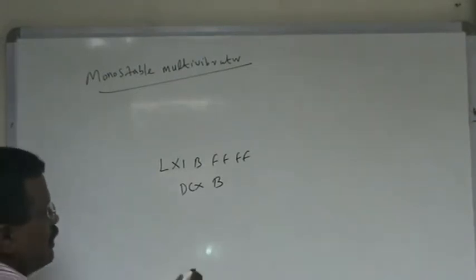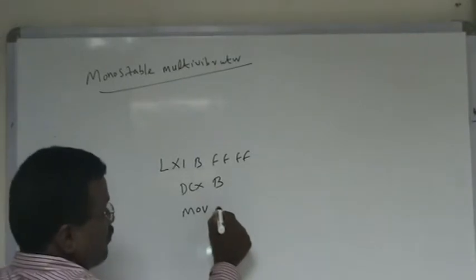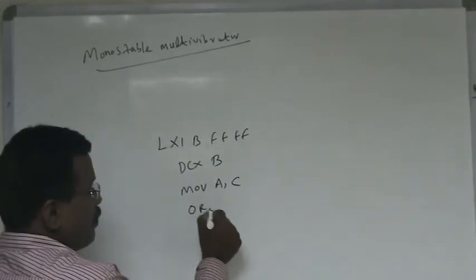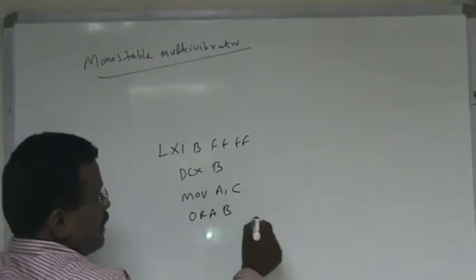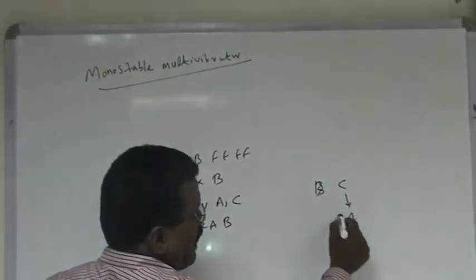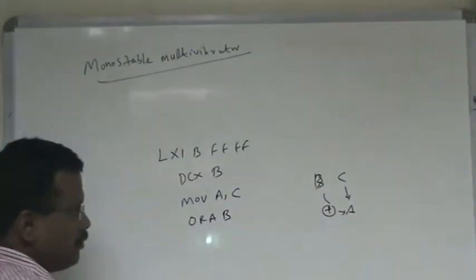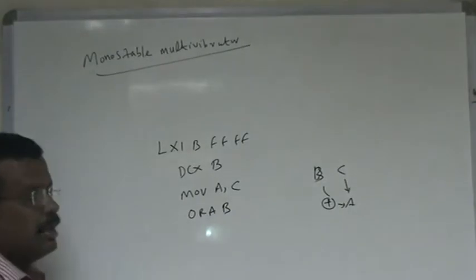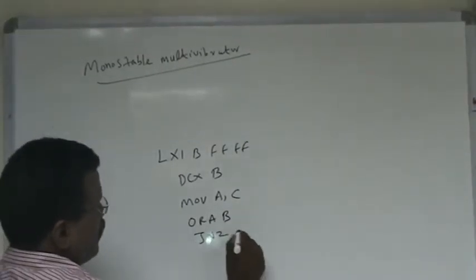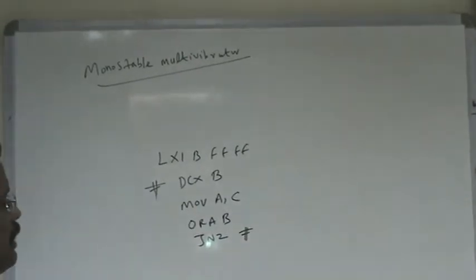Because of this, after decrementing by 1, you have to move the content of C into A. Then we have to OR the data with B. This is the value of B and C. I am moving C to A and ORing it with B. So I will get 0 only if both contents become 0. So jump on no zero, go back and decrement, and return.